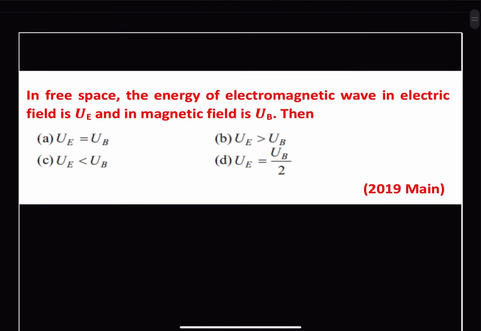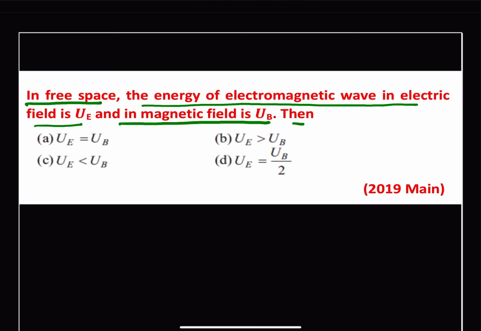So the first question states that in free space the energy of an EM wave in the electric field is UE and in the magnetic field is UB. Then we have to find out the relationship between the electric field and magnetic field energy.